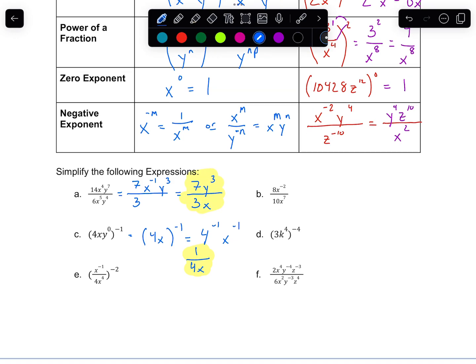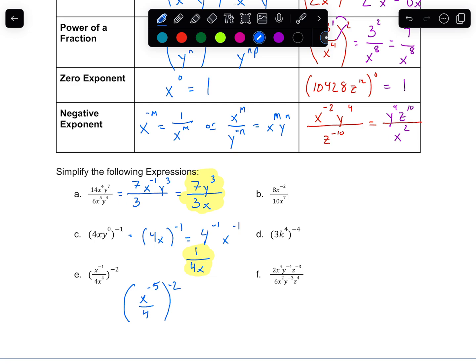And then with E, we have x to the negative 1 over 4x to the 4th, all taken to the negative 2. So again, I'm going to clean up what's inside this parentheses. I have two like bases, so this is going to become x to the negative 1 minus 4. So I'm going to rewrite what I have in parentheses to be x to the negative 5th over 4, all to the negative 2.